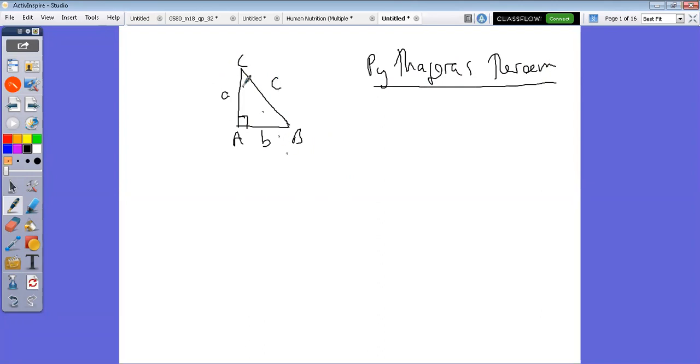So what we know with Pythagoras is the longest side, c squared, is equal to a squared plus b squared. Are we together? If I was to find any other side that is smaller, I have to subtract. So to find b, I would say c squared minus a squared is equal to b squared.